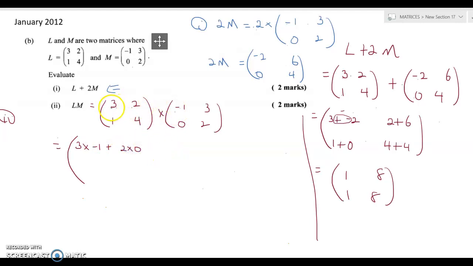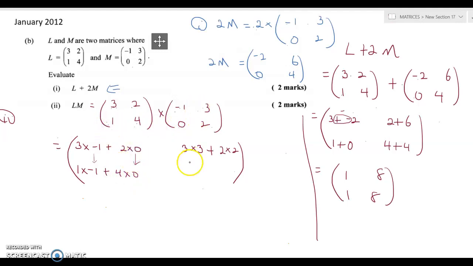Put your space. Now first row by the second column, 3 by 3, so 3 by the first number, plus 2 by the second number, 2 by 2. And then second row, first column, 1 by minus 1, again you see all the minus 1s repeated, plus 4 by 0, 4 is repeated, right? Which is a pattern that you all should notice.